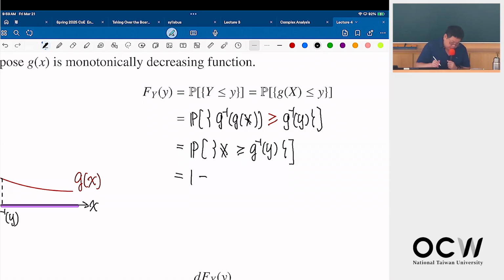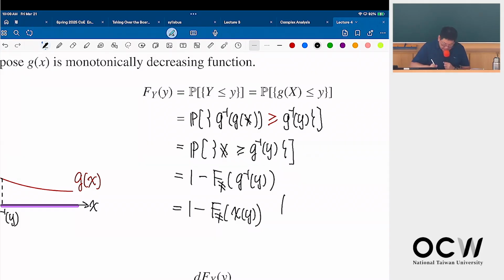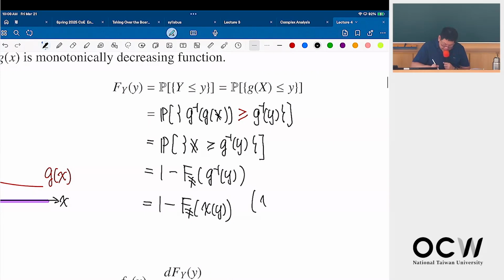So it will be 1 minus CDF of x at g inverse of y, which means 1 minus F of x at x of y, because we know x of y is g inverse of y.